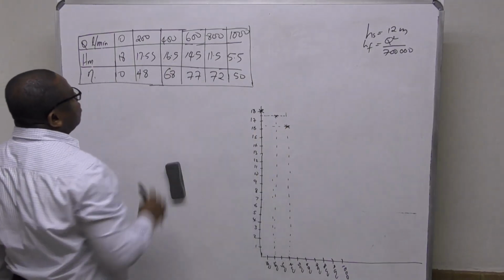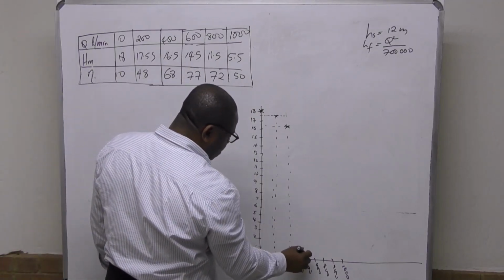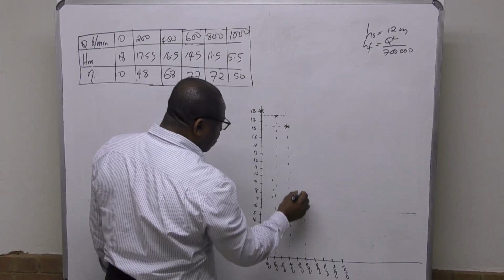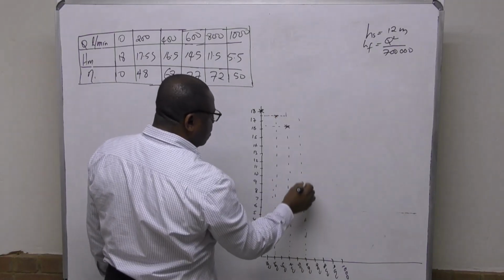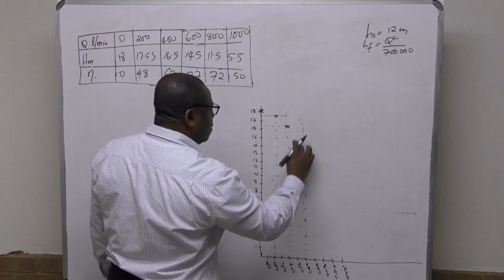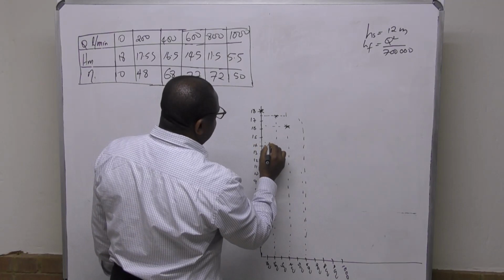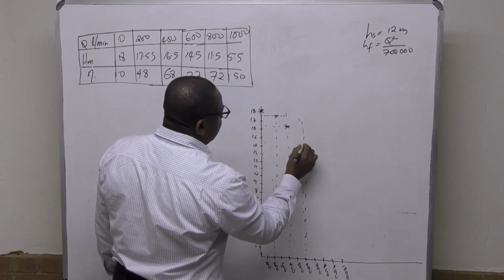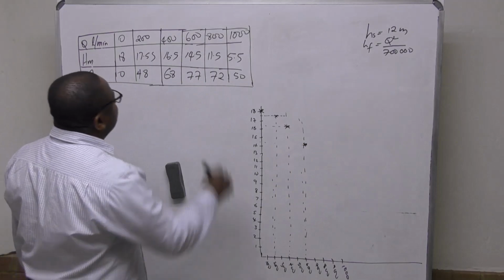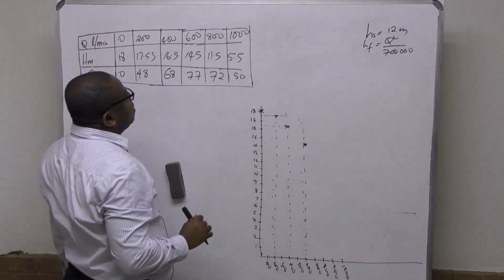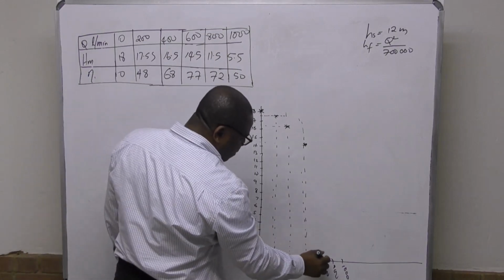Then we'll have 600 flow, 14.5. And then 800 flow, 11.5.